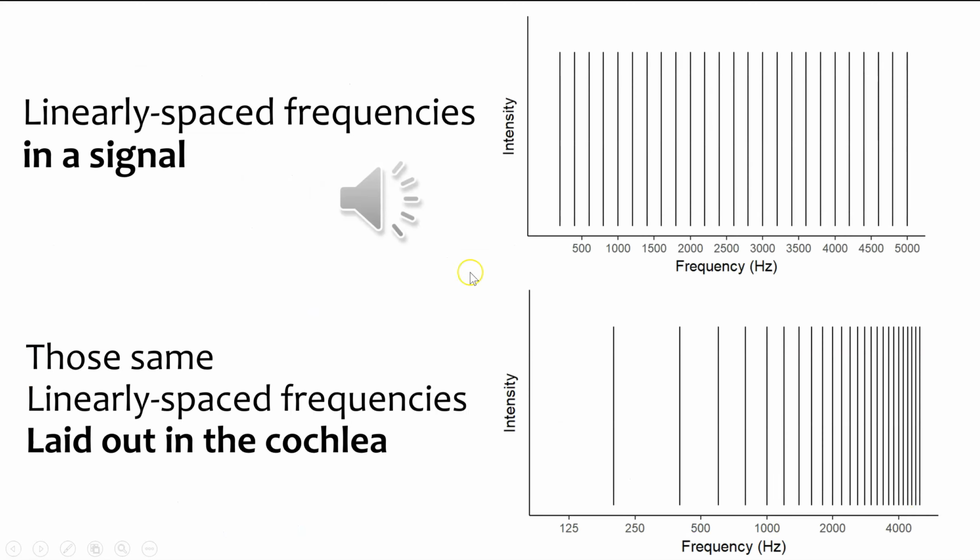If we took those frequencies that were all linearly spaced apart by 200 hertz each, this is how they would sound. And on a spectrum, it would look like the graph we have on the top. Now, in the cochlea, conversely, it would be laid out like the graph we have on the bottom, where the lowest frequencies would be farther spaced apart and the higher frequency components would be smushed together.